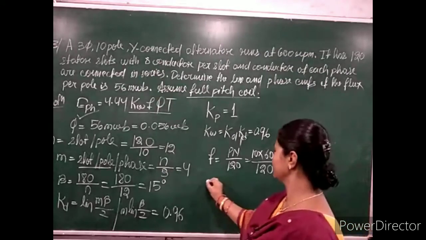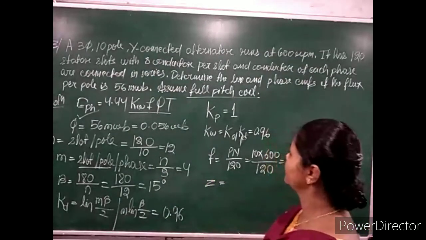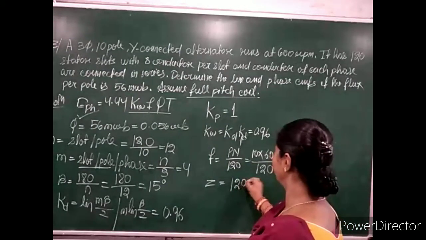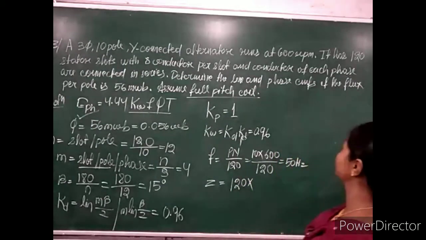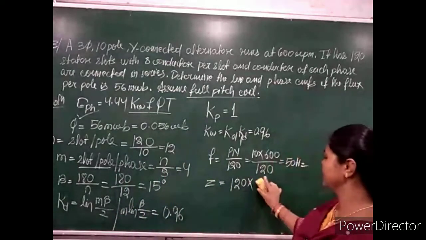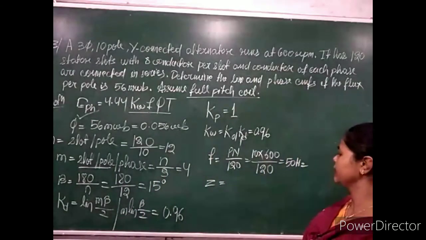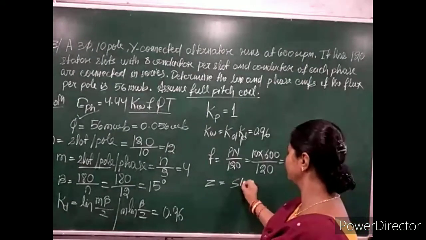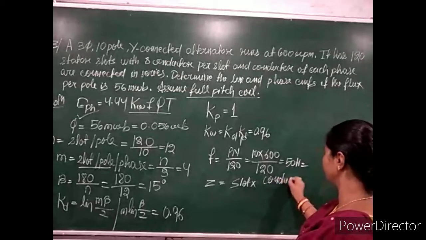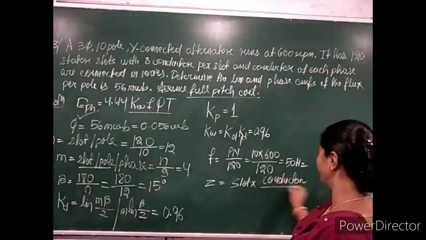Next, number of conductors. Number of conductors is number of slots into conductors per slot.